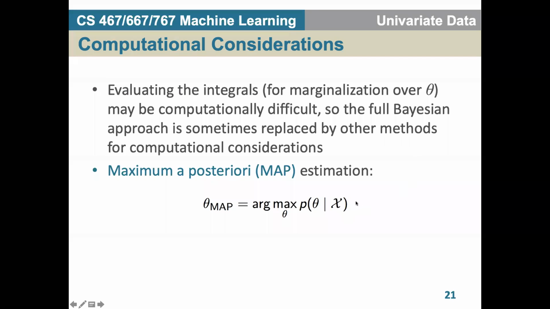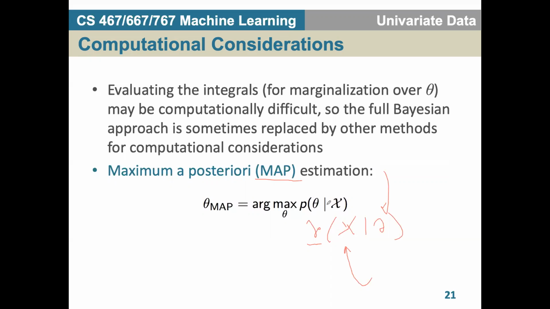In maximum likelihood estimation, this is P(x | theta). So you want to choose a theta so that your predictive model maximizes the likelihood that you see the data. But in MAP, we actually swap their order, right?